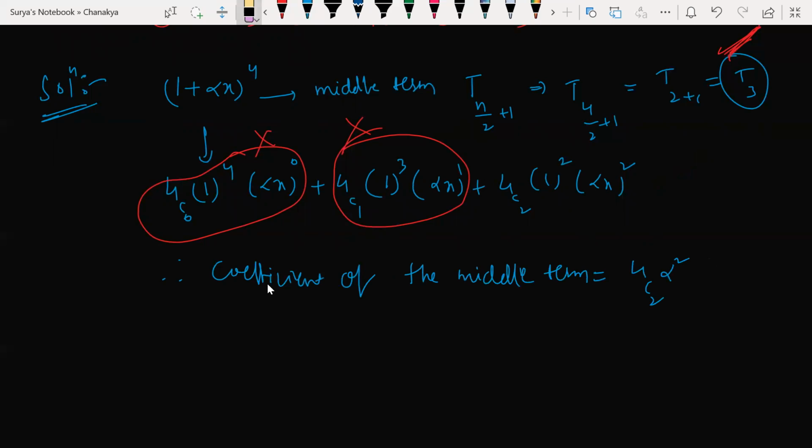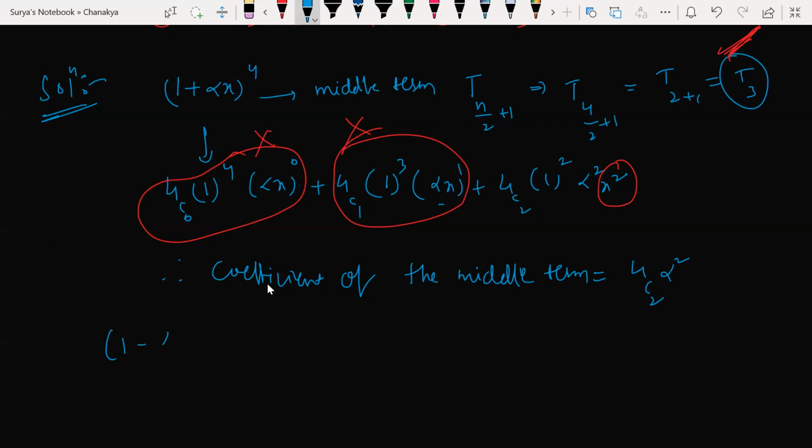That x square will not come in the coefficient, because (alpha x) whole square can be written as alpha square x square. I want the third term, so I take the coefficient of x square alone, which is 4C2 alpha square.